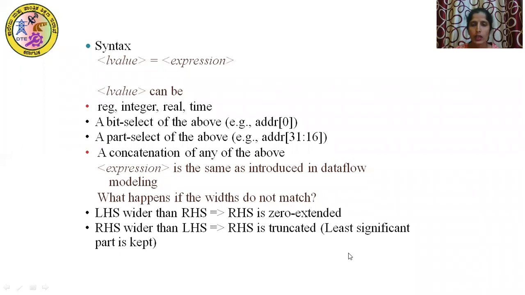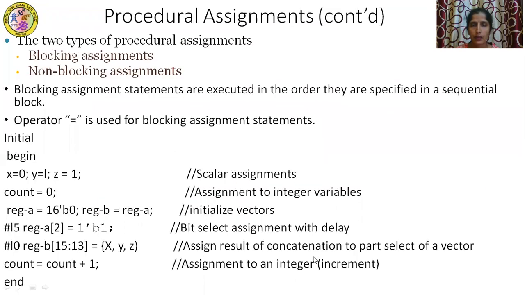So going on to the next part, let us see the two types of procedural assignments in Verilog. The two types of procedural assignments are blocking assignment and non-blocking assignment.